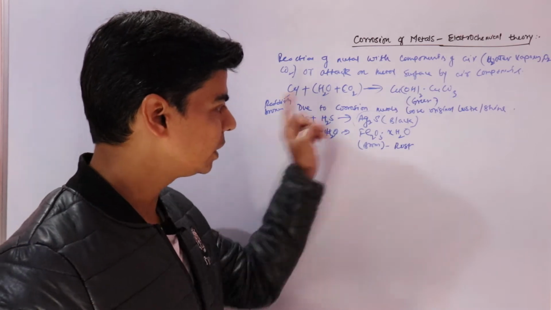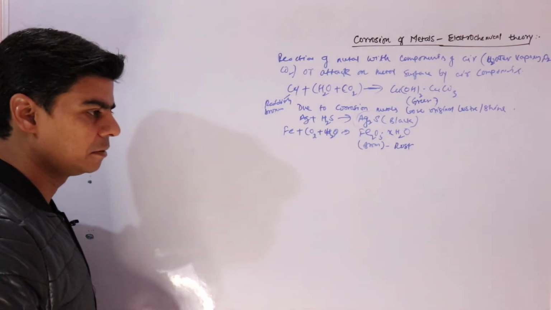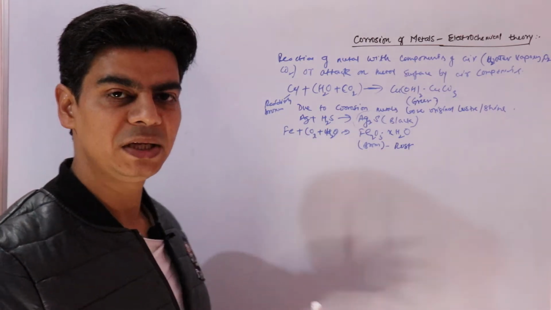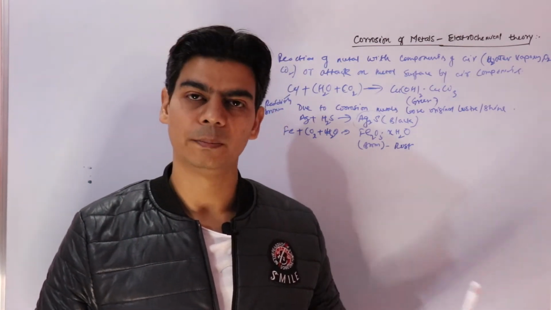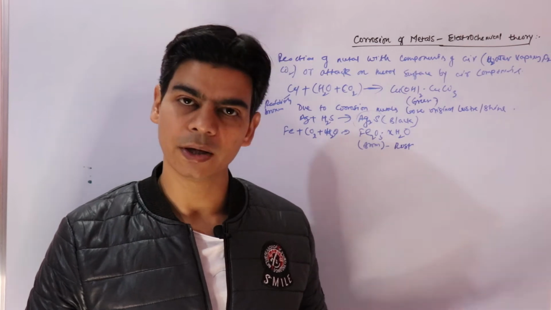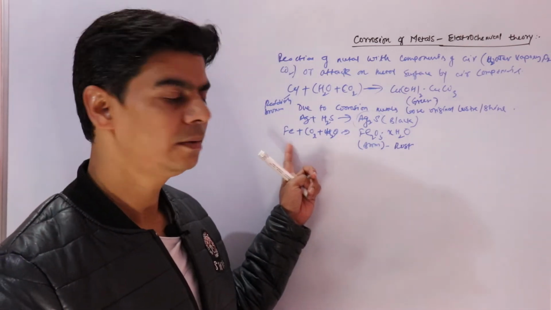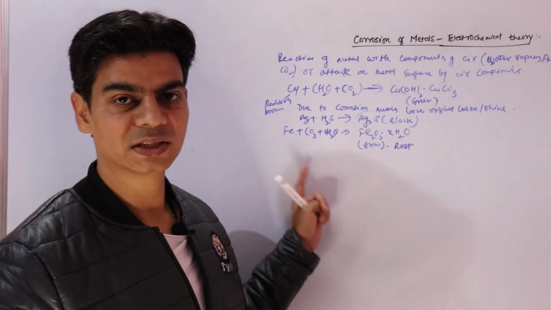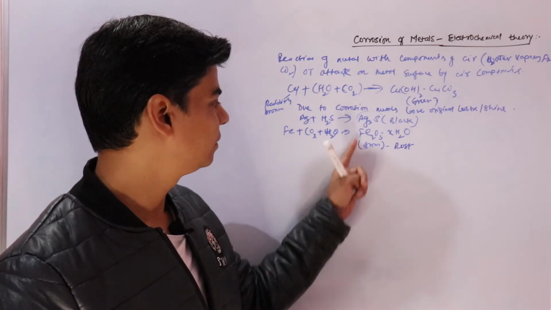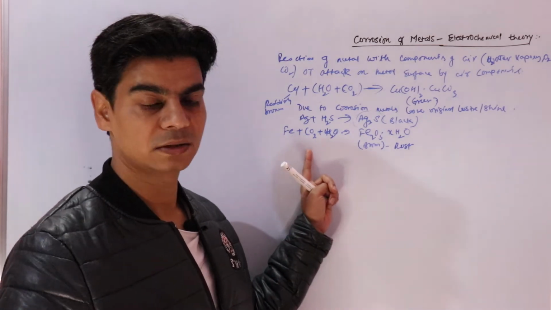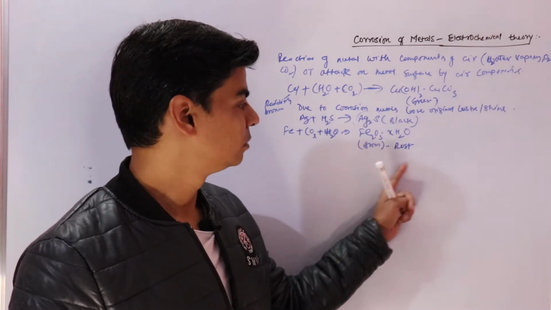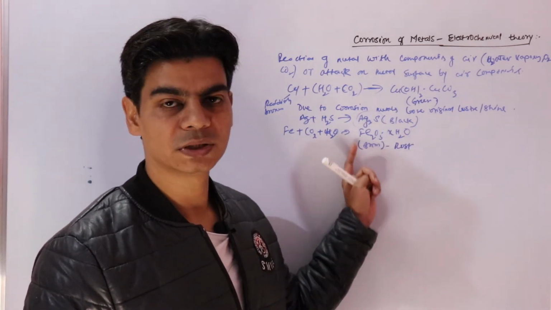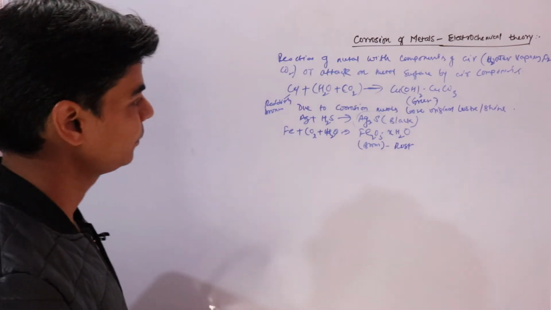And this is very common example of rusting, because many materials that are made up of iron, you will notice that they will start acquiring brown color when they are exposed to air because of rusting of iron, because iron when exposed to air will get attacked by oxygen and water vapor to form this brown colored compound which is known as hydrated ferric oxide, right?